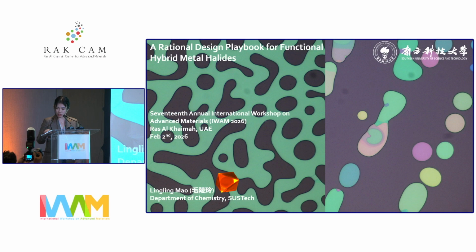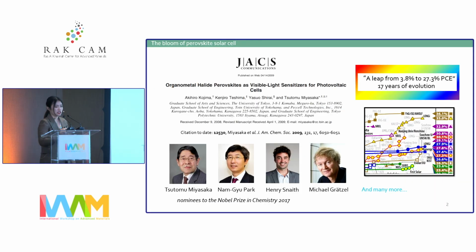So Professor Osman Baka has made a great introduction and overview of the perovskite solar cells. So my background is actually similar to that. I think that on this slide, I don't need to further explain the improvement of the perovskite solar cell.